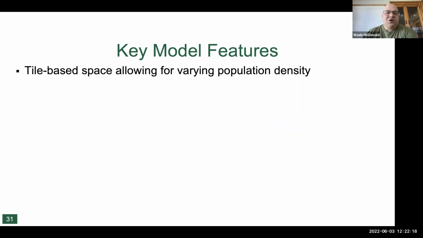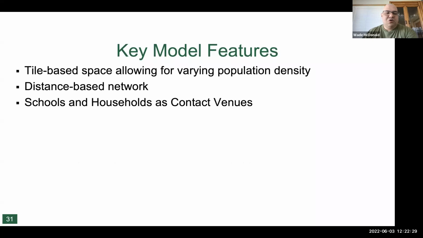Some key model features were a tile-based space allowing for varying population density patterns, and a distance-based network. Schools and households were created as contact venues within which people could expose others at the same venue.